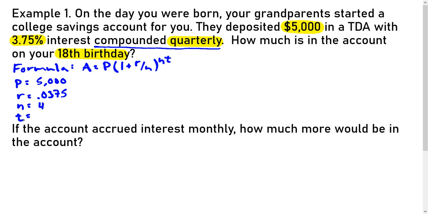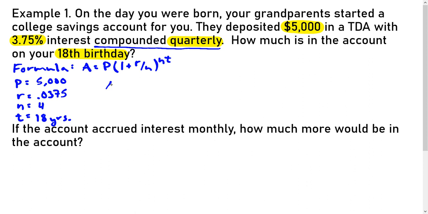And then t is the amount of time that has passed. Well, how much time has passed? 18 years. Okay, so we have this particular formula, and it's time to start looking at this problem. All right, so let's plug all of those values in.